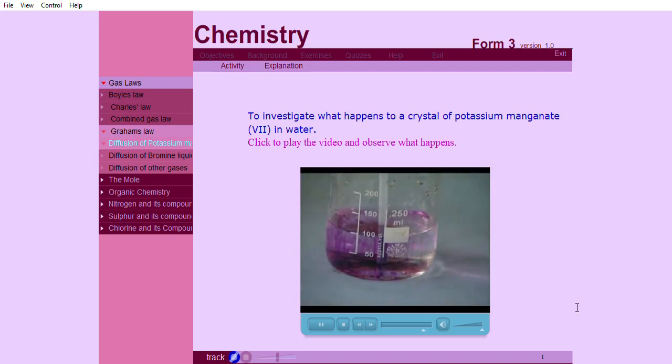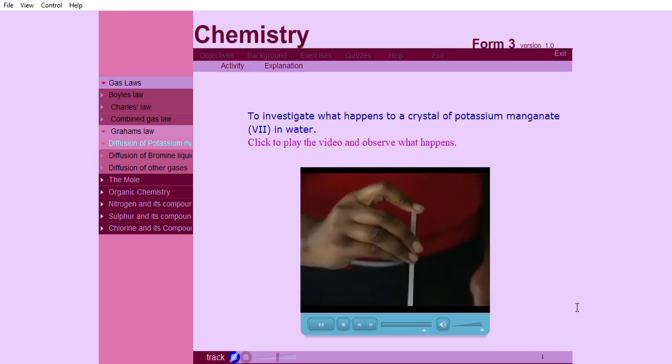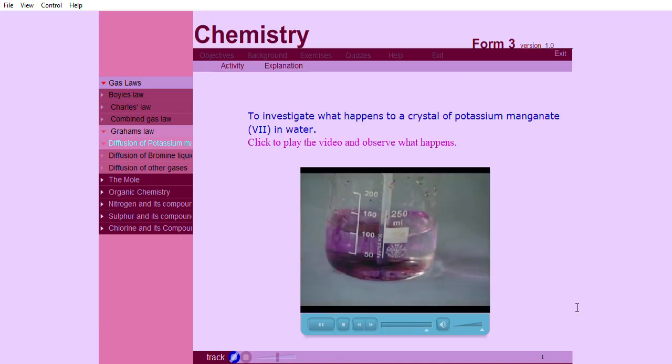Close the straw using your first finger to avoid disturbing the potassium manganate(VII) crystal. Slowly remove the straw and allow it to stand for about 30 minutes.